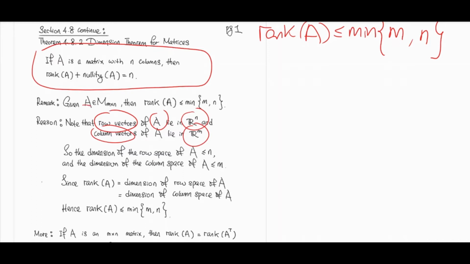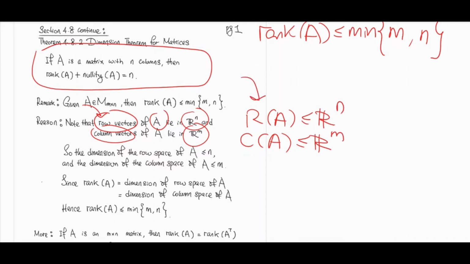So the row space of A is a subspace of Rn, and the column space of A is a subspace of Rm.